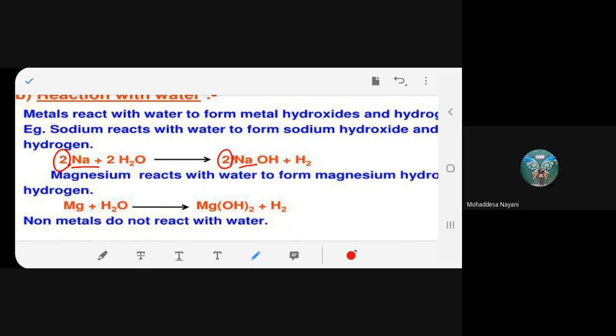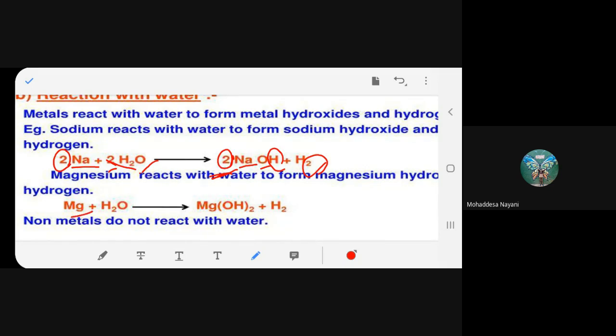Oxygen is 2, hydrogen is 4, two twos are 4. So you can see hydrogen is 2 over here, and this is again 2 hydrogen. So 2 plus 2 is 4. This is how we have balanced it.